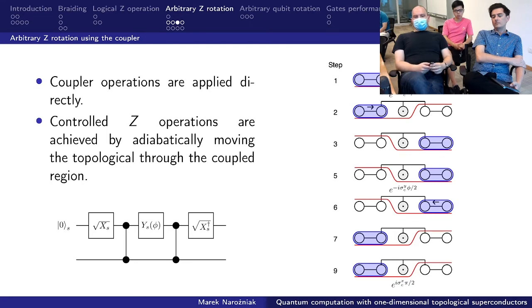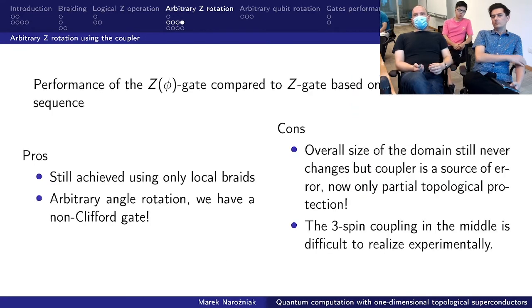So that's one of the disadvantages of this protocol: it's very difficult to implement because this coupler cannot be something inside of the chain, since that would require having an unpaired Majorana zero mode. It has to be something outside that still provides this kind of interaction.